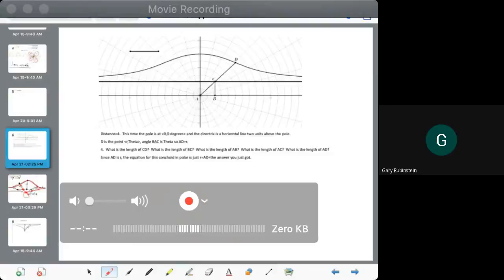If you see on the screen, you see a conchoid. And if I call this random point on the conchoid (r, theta), where r is this distance, and the pole is also the pole of the polar graph paper, so there's theta there.